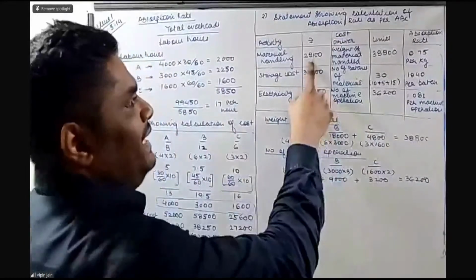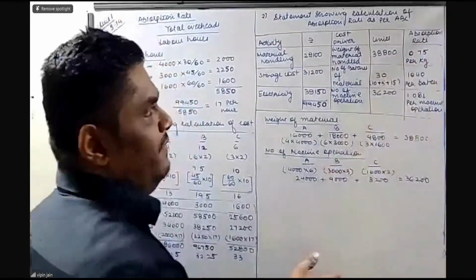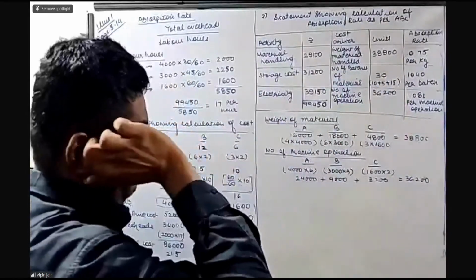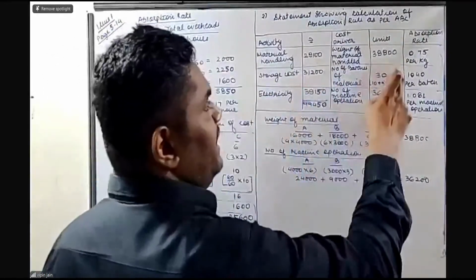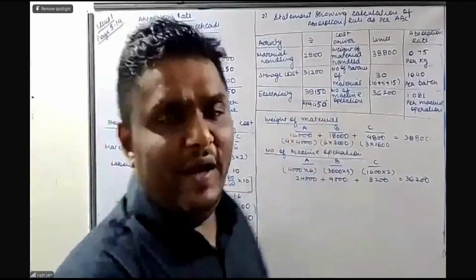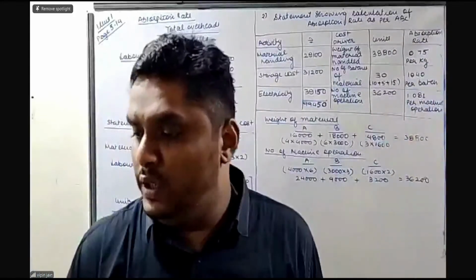Very simple. 29,100 divided by 38,800, we have got 0.75. 31,200 divided by 30, we have got 1040. And 39,150 divided by 36,200, we have got 1.081.